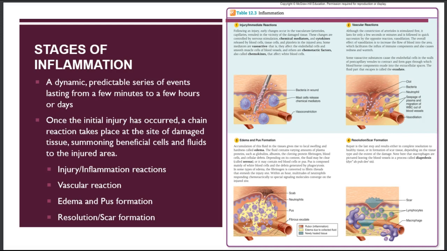And then step 3 is the edema and pus formation. So we're going to have fluid that's going to be escaping from the cells in the damaged tissue. That's going to lead to some swelling. Also, the increased blood flow is going to contribute to the swelling.